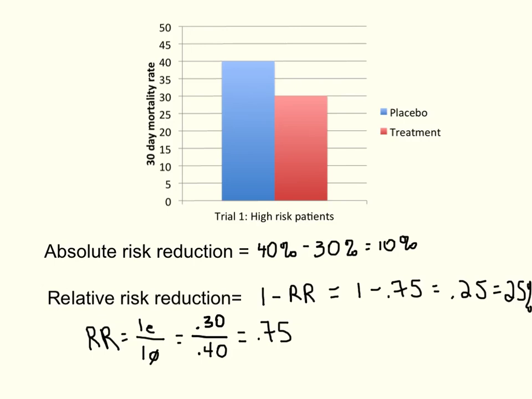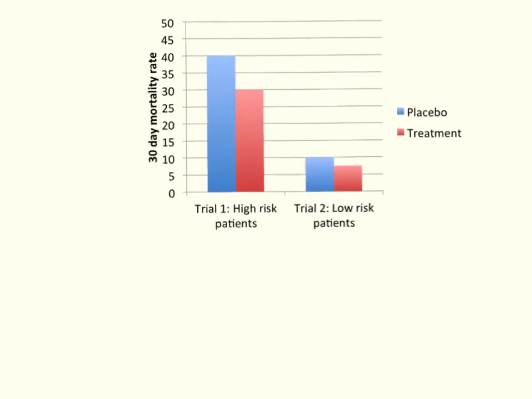That makes sense because you can see that the treatment group is 25% lower than the placebo. It's 10% lower, and 10% is 25% of 40%. So the relative risk reduction is 25%, absolute risk reduction is 10%. So there are slightly different ways of looking at the same numbers.